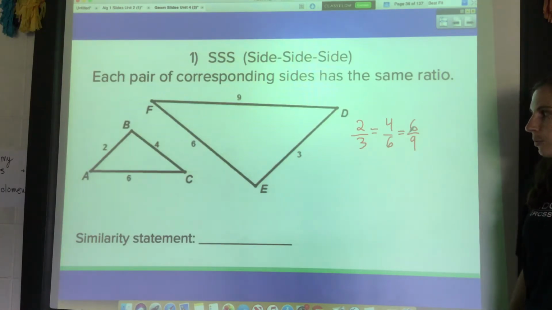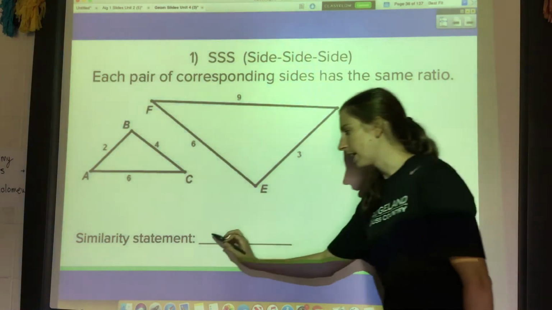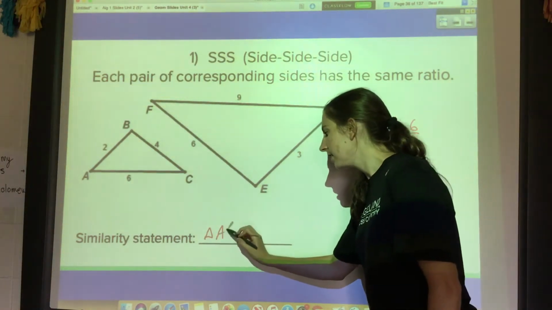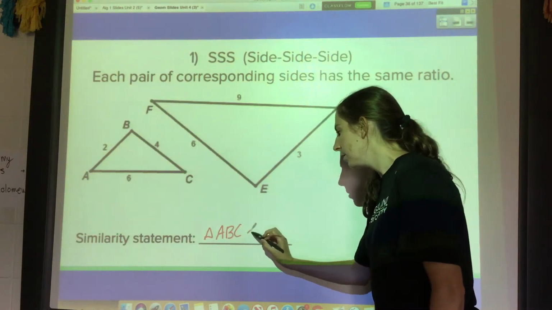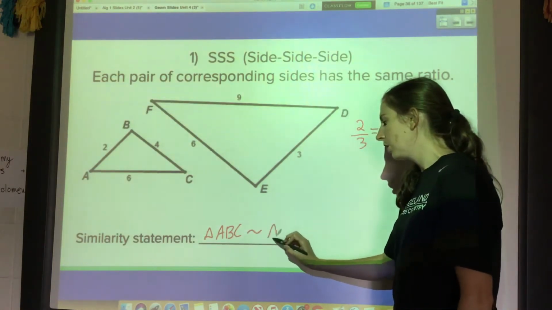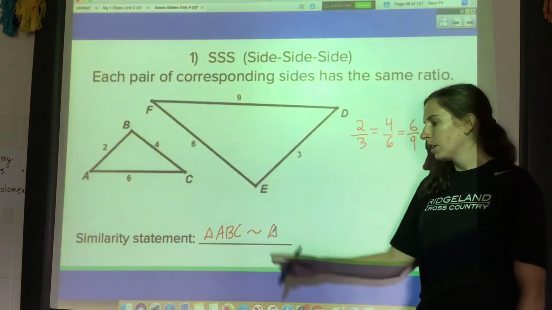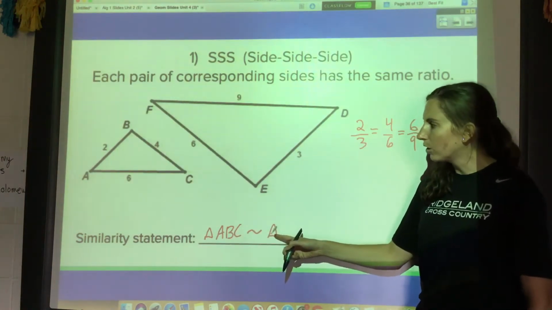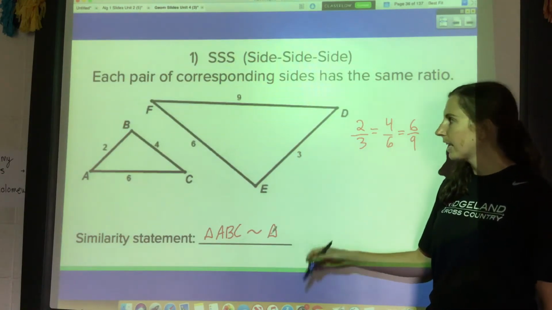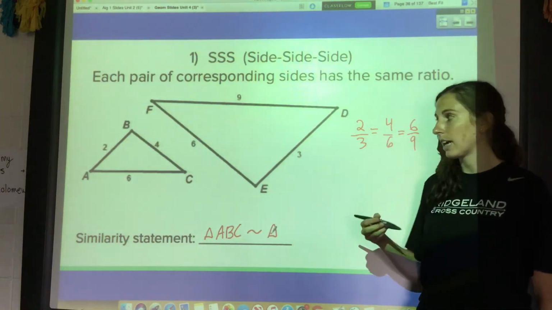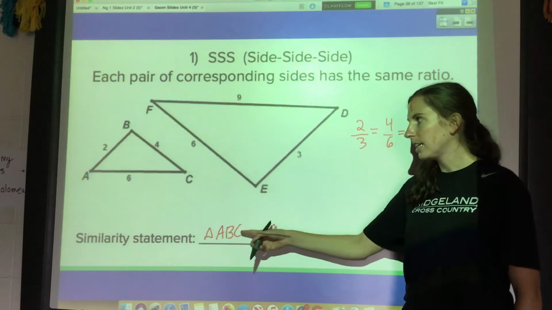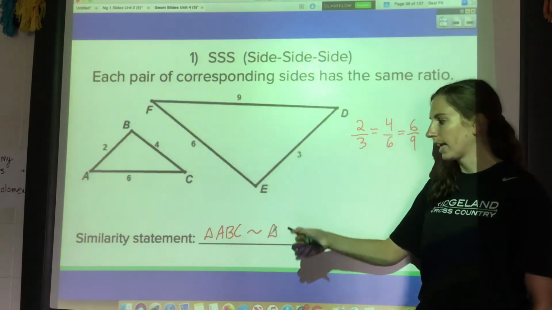So if I wanted to write that these 2 triangles are in fact similar to each other, I would say triangle ABC is similar to, remember this symbol means is similar to, triangle, and I want to make sure I do this right. I can't just put DEF and hope that works out. If I put ABC, that order matters over here.